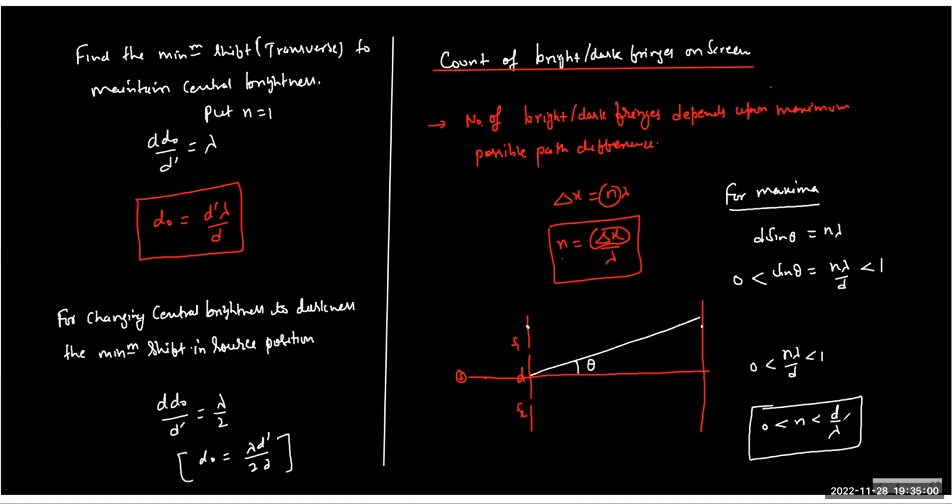And d by lambda is something you have already guessed: d is the maximum path difference and lambda is the wavelength. So the maximum number of wavelengths we can contain is d by lambda, but in this case, it is less than that. So we need to check what value d by lambda has. To make you understand, I need to take some numerical value.